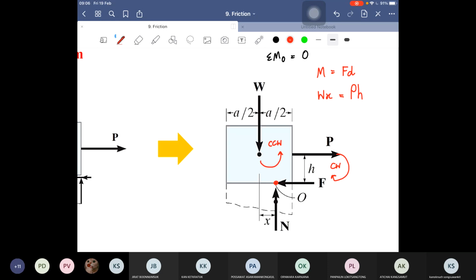And like yesterday, we can calculate the distance of the centroid of this loading diagram, x, by just moving the W to the other side. So x equals Ph over W. Here we have the centroid of N.